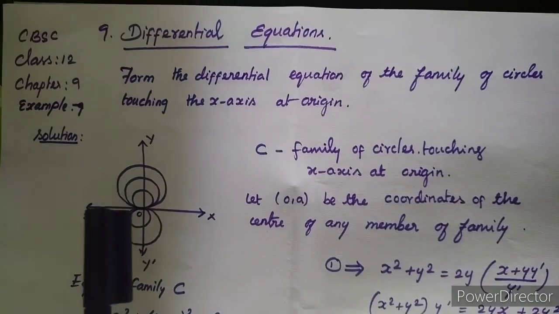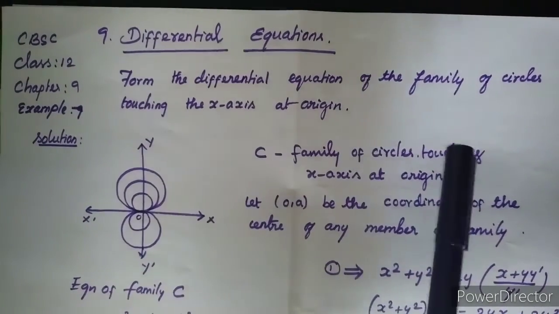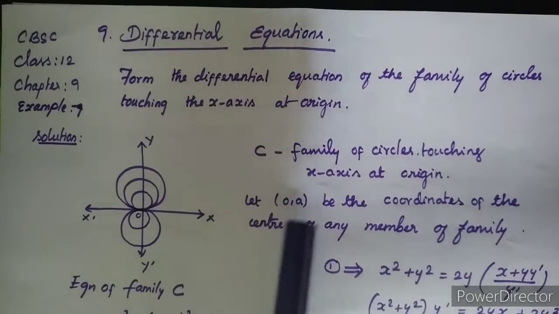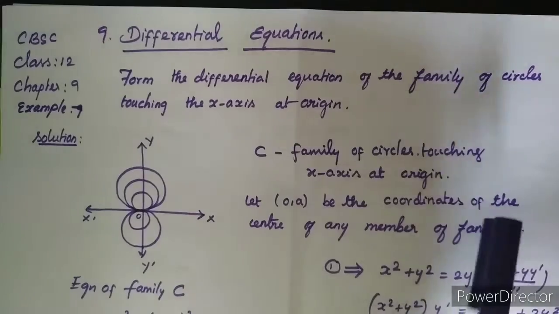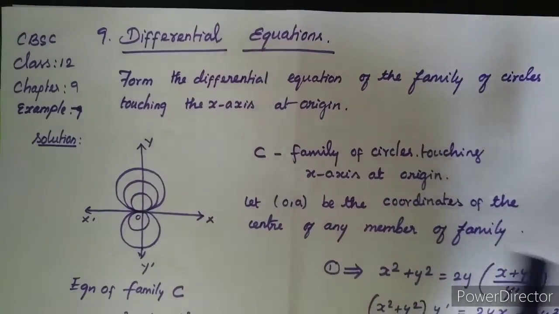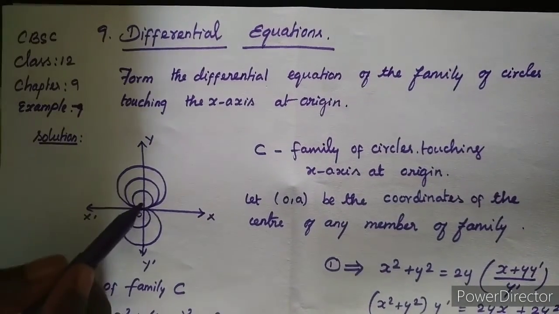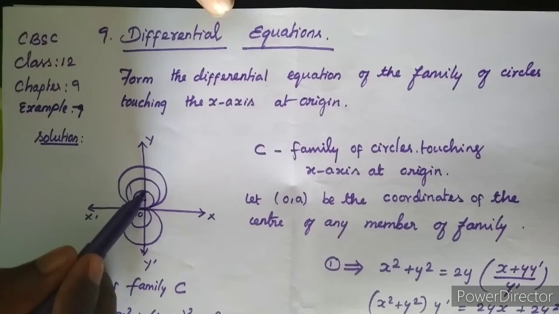Therefore, let C be the family of circles touching the x-axis at the origin. This is my assumption, capital C. Next I will take the center. Let (0, a) be the coordinates of the center of any member of the family of circles. For example, here is the center of this circle, and this is the center of the second circle.